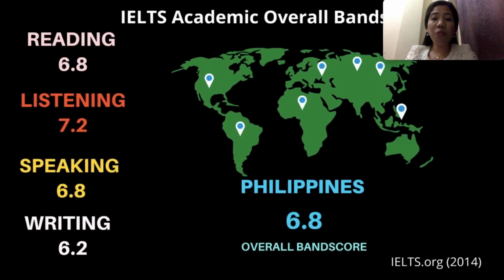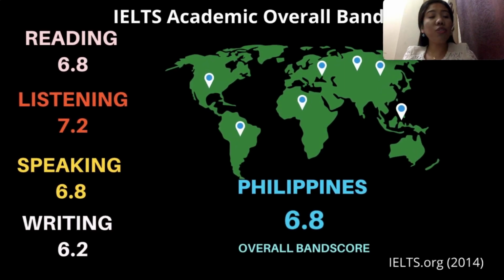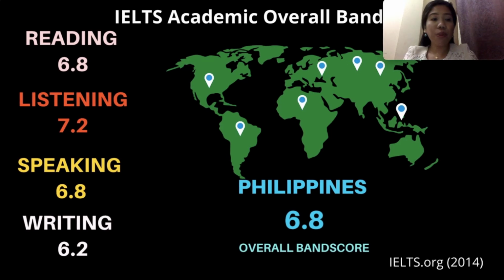So this is the overall mean band score of 2014. The 2014 and the 2015 statistics of the mean band scores for Academic are not actually far from each other. Looking at the 2014 overall band scores for Academic, this is per skill. So we have reading 6.8, listening 7.2, speaking 6.8, writing 6.2. Now earlier, I mentioned to you what is a competent user and what is a good user.